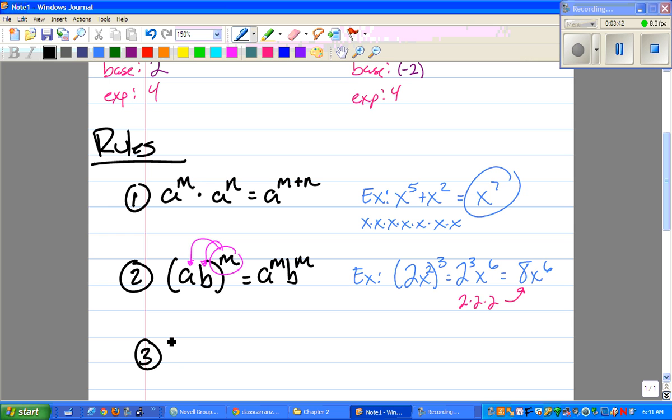All right, rule number 3. Fractions. Just like in 2 when we distributed, we're going to do the exact same here. We have to make sure that we distribute to everything in the parentheses, okay? And what that's going to equal, a to the m, b to the m.